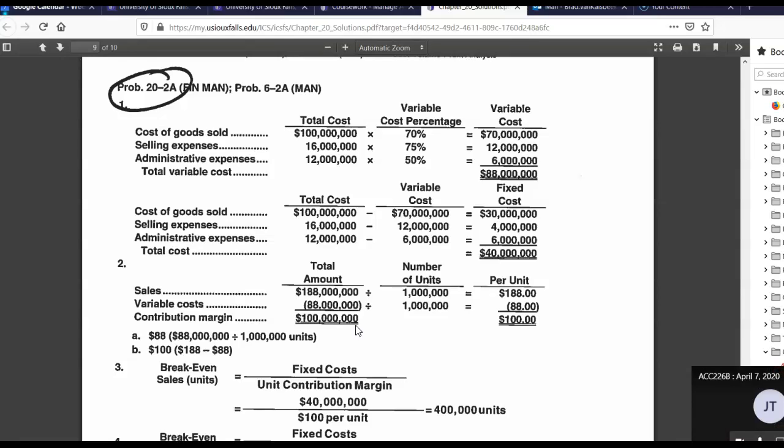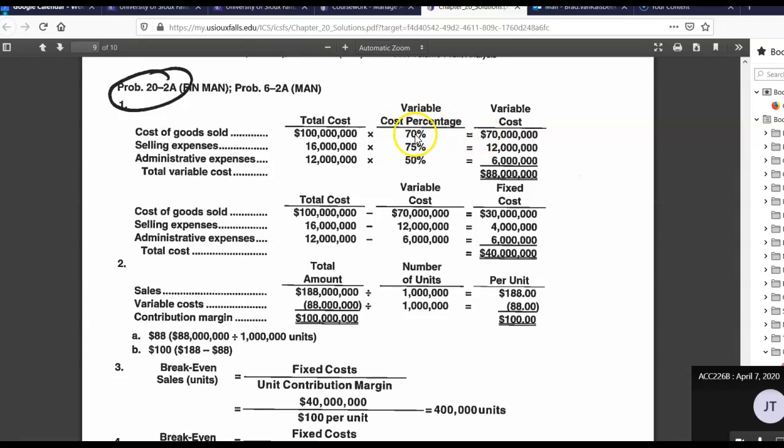But number one, it says determine the total variable costs and fixed costs. Well, in the book there, they tell you cost of goods sold is 70% variable, selling is 75% variable, and administrative is 50%. So here you go. See, we got all of our total costs. We took it times the variable percentages, and we can come up with our variable cost total.